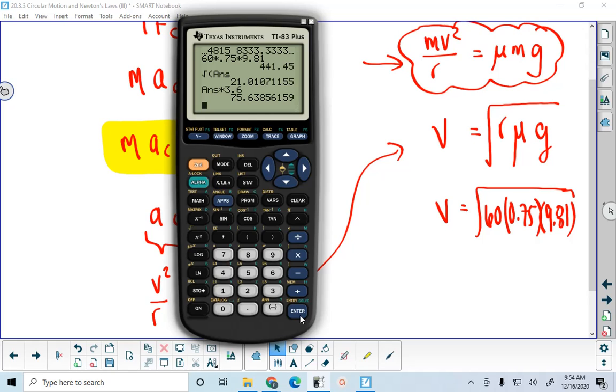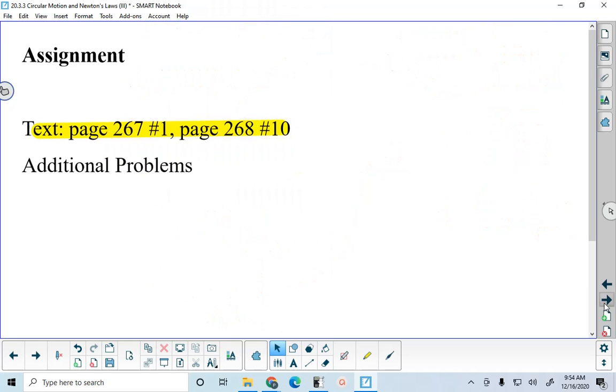But it's an interesting result because that maximum speed has nothing to do with the mass. It doesn't matter what vehicle you're driving. Well, it does because the tires matter, but the tires would change the coefficient of friction. There are some questions here related to forces of friction and related to artificial gravity.